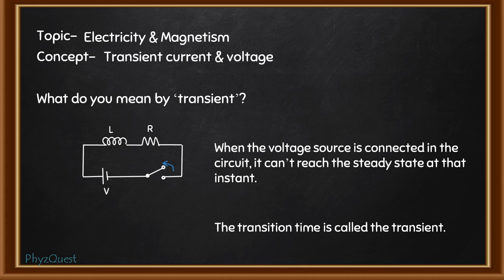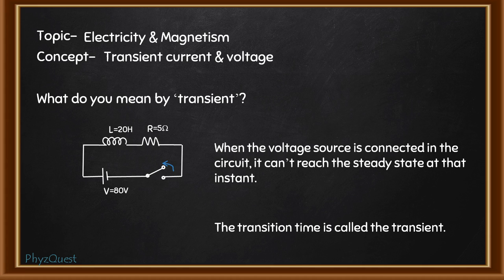Now talking about this question, here there is a voltage source, there is a resistor and there is an inductor. The voltage source has value 80 volt, inductor having value 20 Henry and resistor having value 5 ohm. So when this type of circuit is connected to the voltage source, the transient process starts and current will flow.